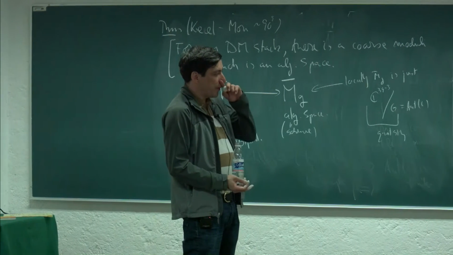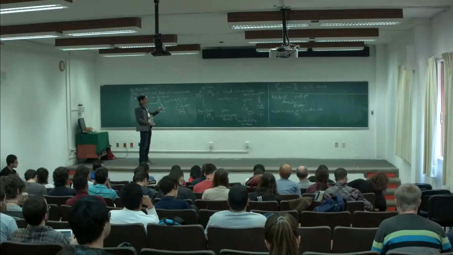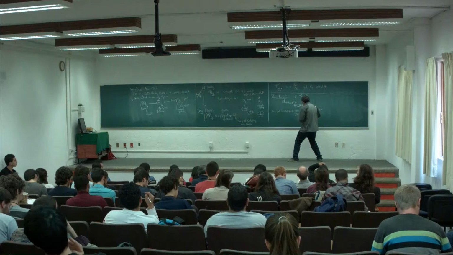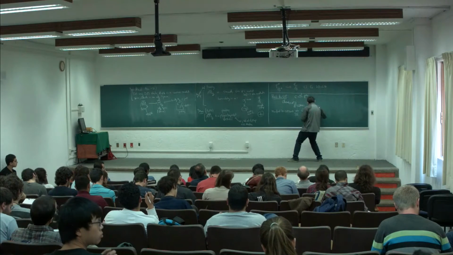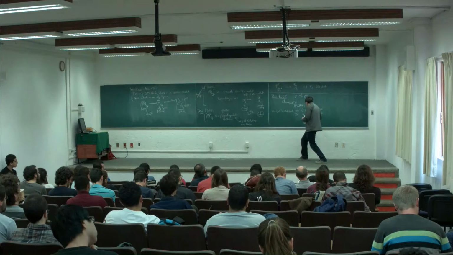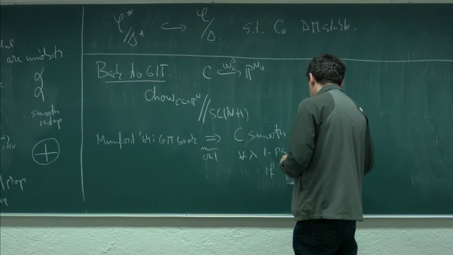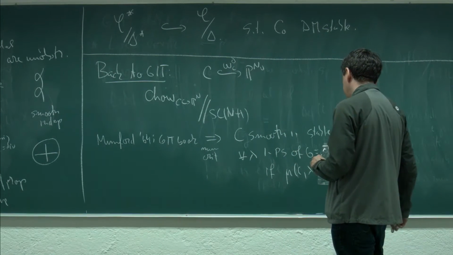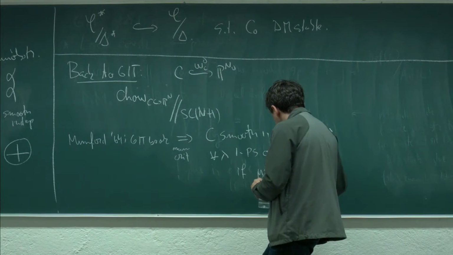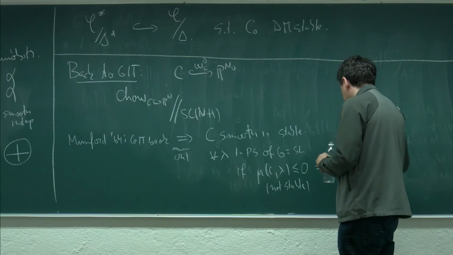So basically, what you show here is that for any one-parameter subgroup lambda of G, which is SL_N, if mu(C, lambda) is less than or equal to 0, this means not stable, then it implies C is singular.